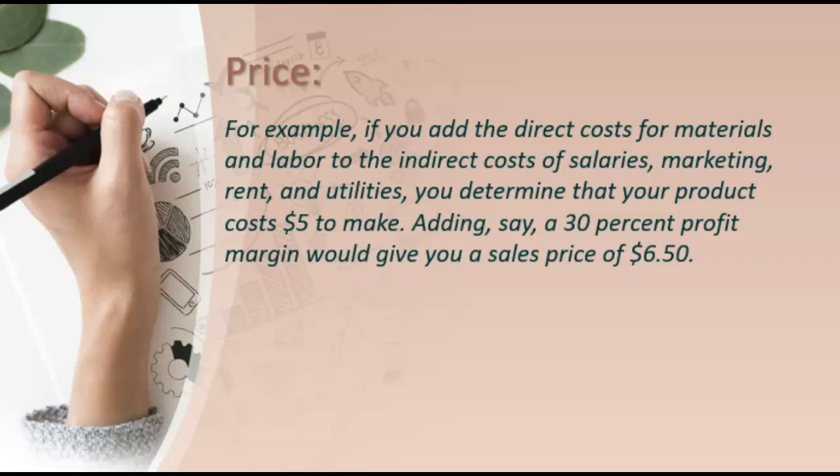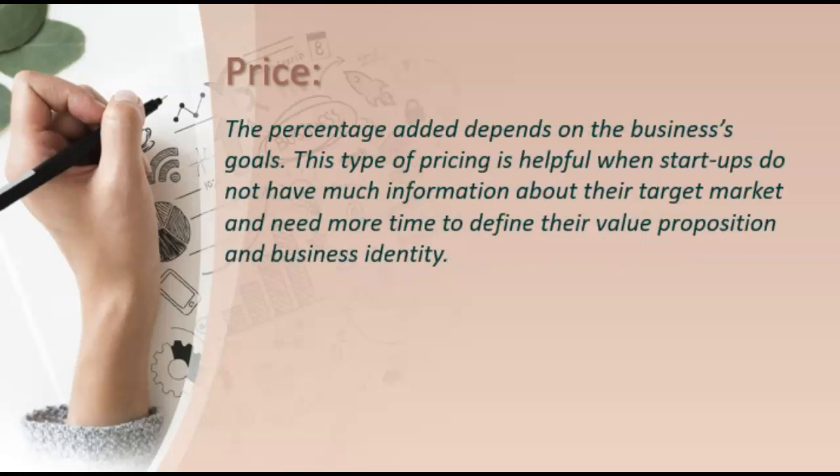Adding, say, a 30% profit margin would give you a sales price of $6.50. The percentage added depends on the business's goals. This type of pricing is helpful when startups do not have much information about their target market and need more time to define their value proposition and business identity.